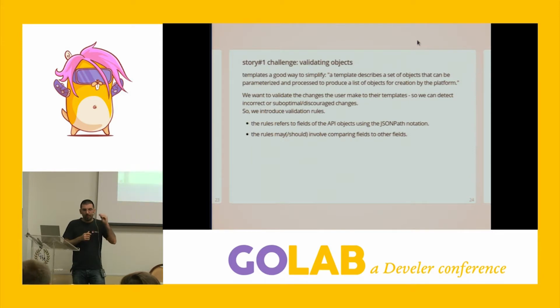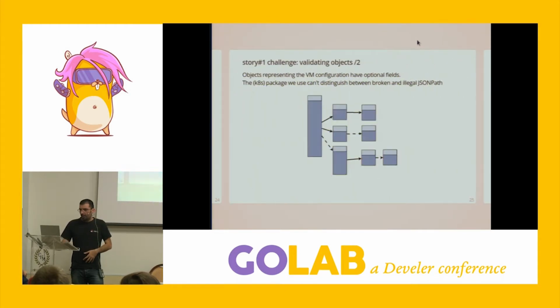And those fields are expressed using JSON path notation. For example, you have, let's say, domain.virtual.cpu.count. It's not the real deal, but you get close enough to have an idea. So you want to express those relationships.